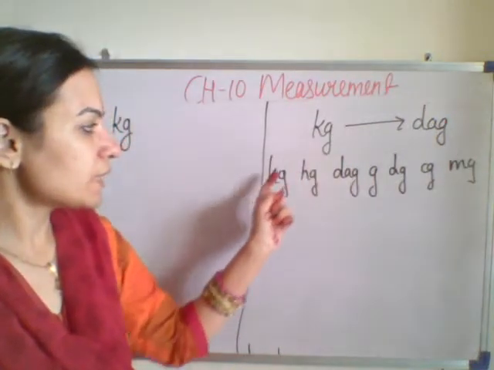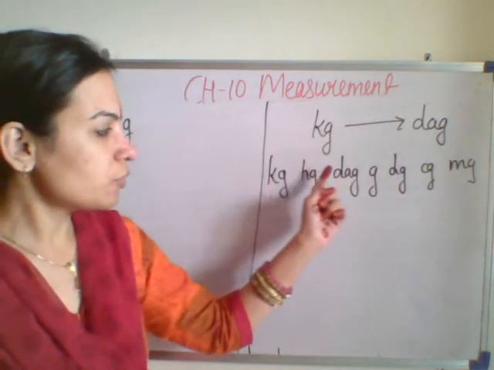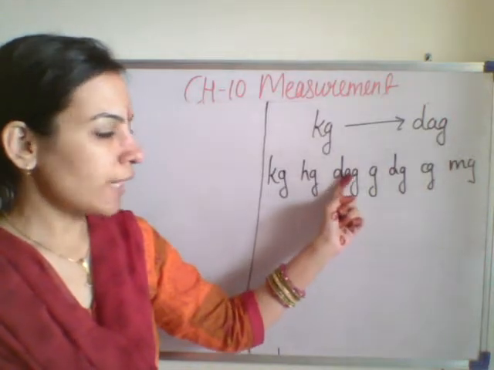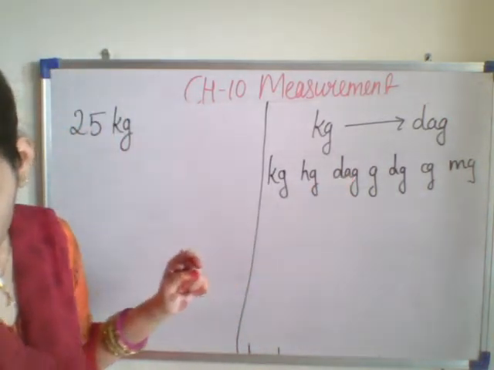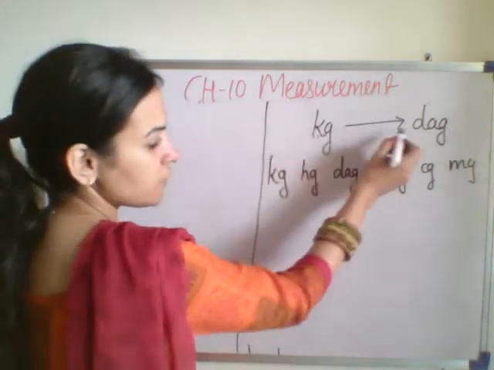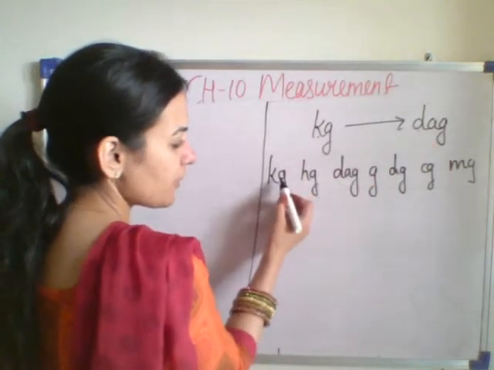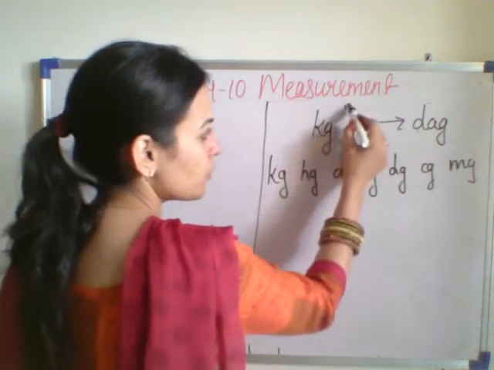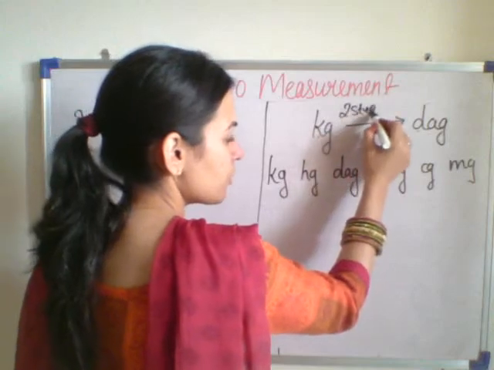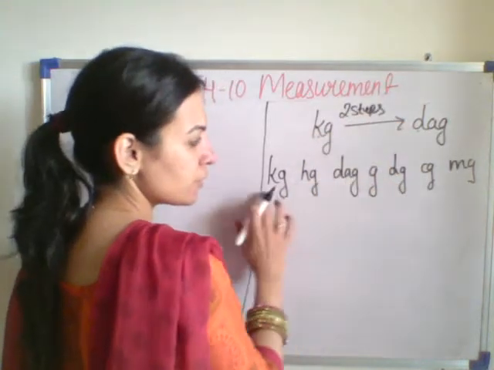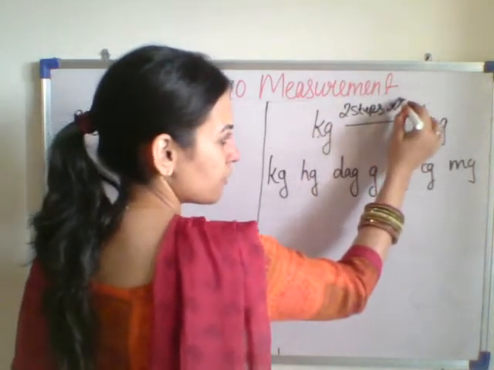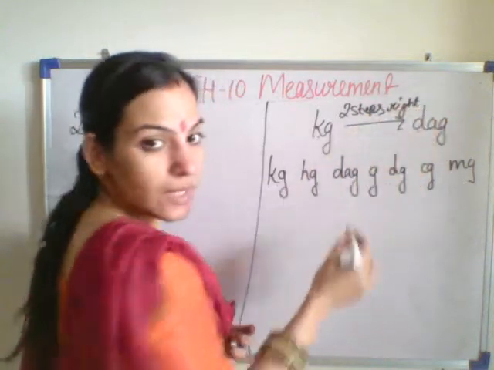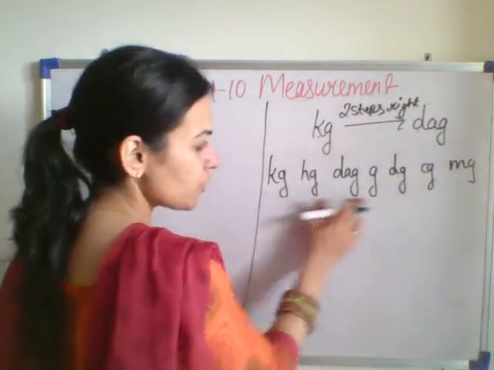Now this kg, you have to convert it into decagram. So from kg to decagram, how many steps are there? 1, 2. 2 steps towards the right.